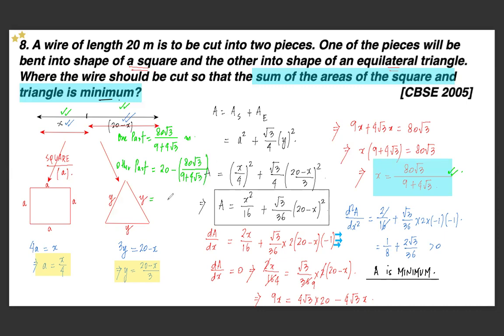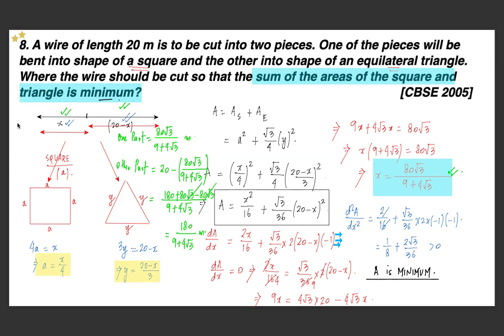If you take LCM and solve, the LCM is going to be the same, 9 plus 4 root 3. And if I'm not wrong, this is 180 plus 80 root 3 minus 80 root 3. These two values are gone. We have 180 by 9 plus 4 root 3 meter as the next answer.